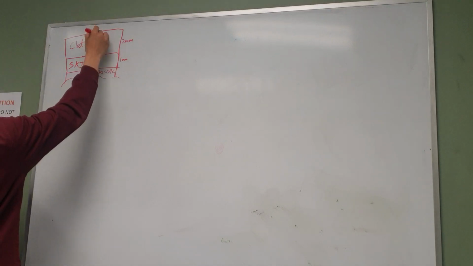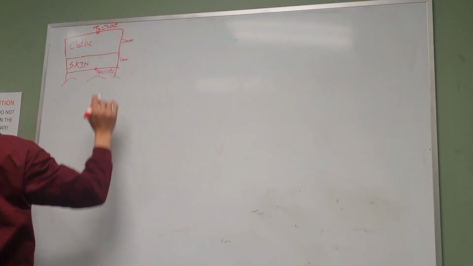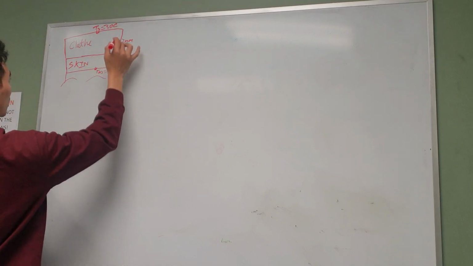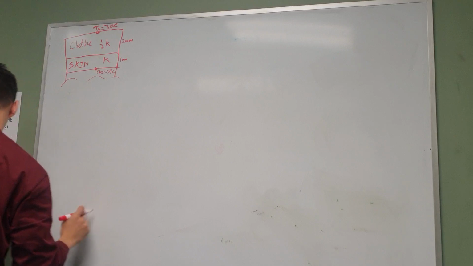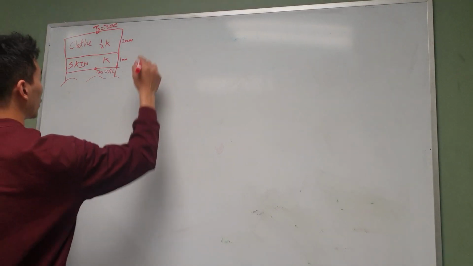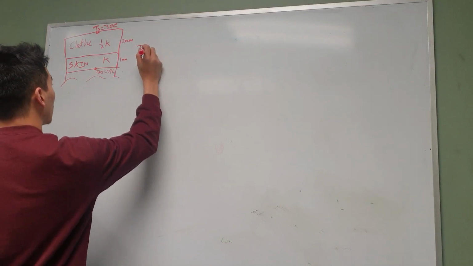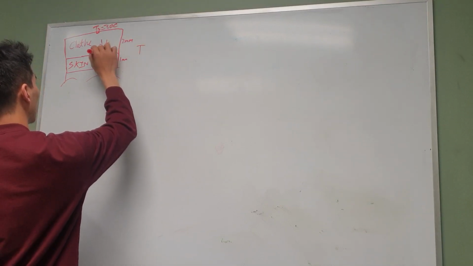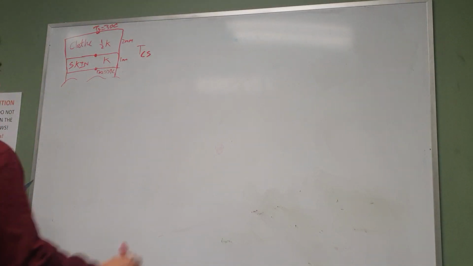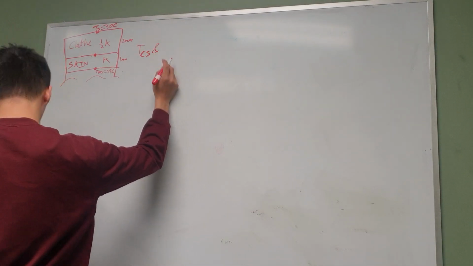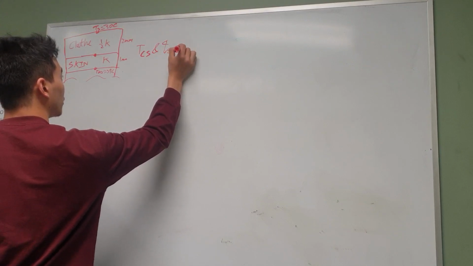And the surface temperature is the same as before, 30 Celsius. And this will have half the K. We're looking for the temperature at this interface, which I'm going to call CS, clothes and skin, and the heat flux through the skin.